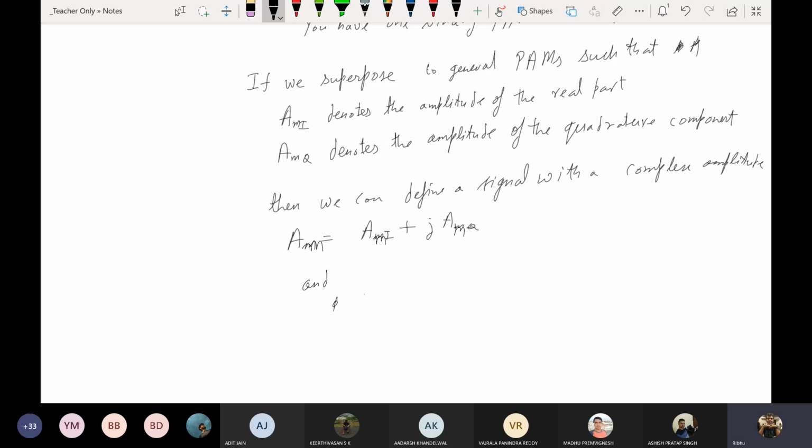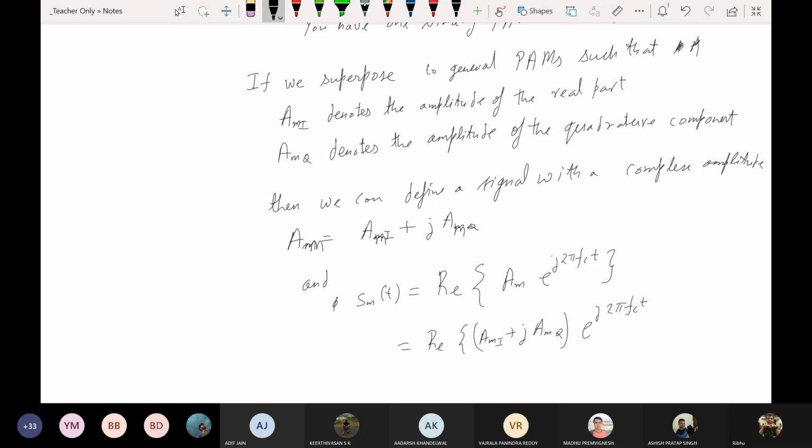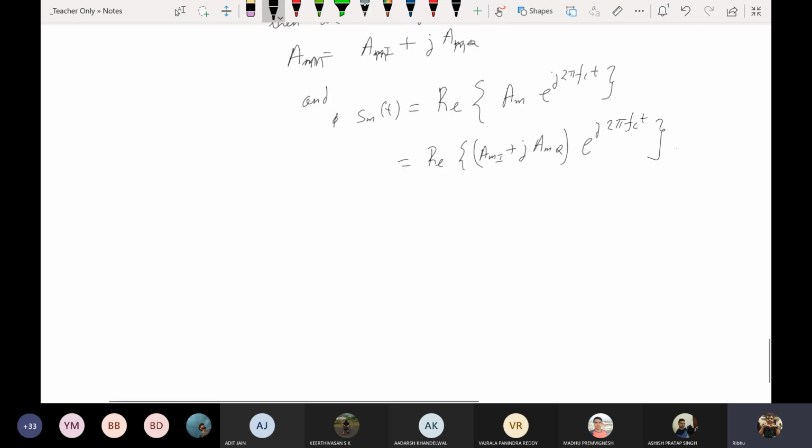And s_m(t) equals the real part of AM g(t) e^{j2π f_c t}, oh sorry, g(t).